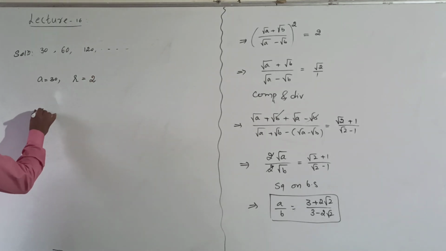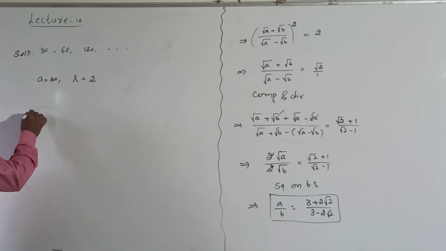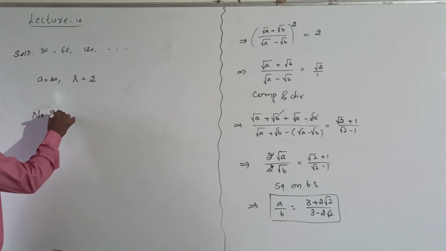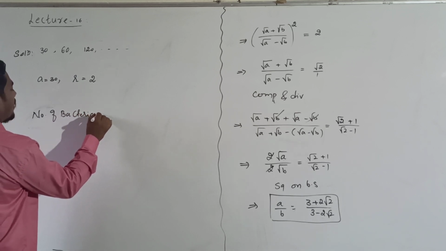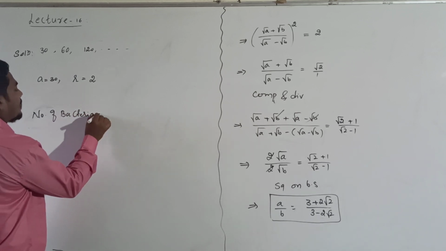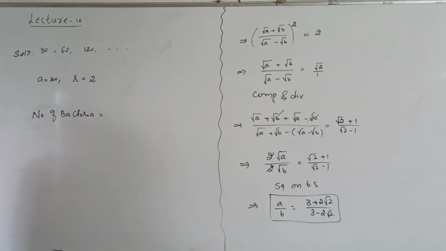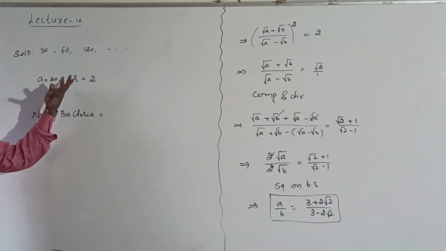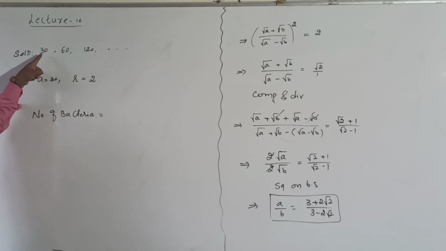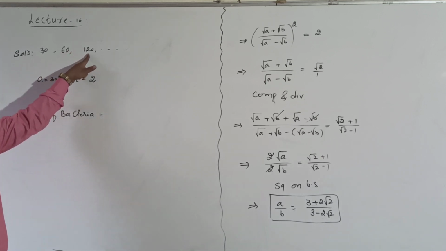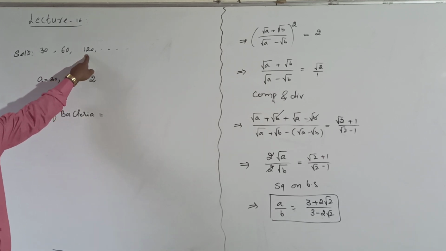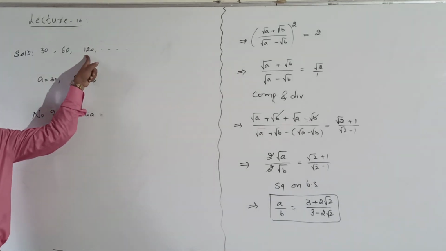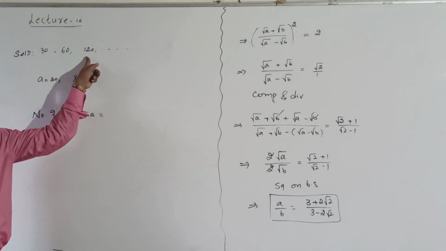Number of bacteria at the end of second hour. From 0 to 1 is the end of first hour, and this is the end of second hour. At the end of second hour means, in geometric progression, it is the third term.